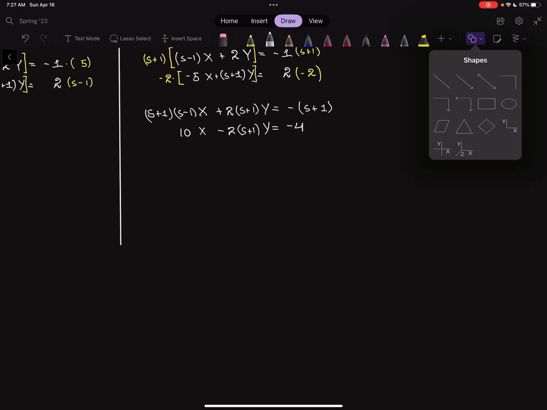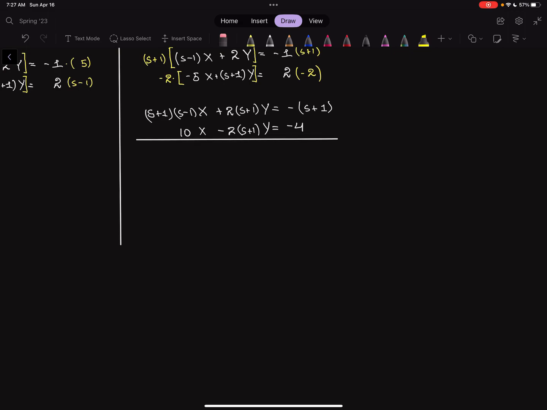Now, if we add these two together, what we get is ((s plus 1)(s minus 1) plus 10) times the big X right here.